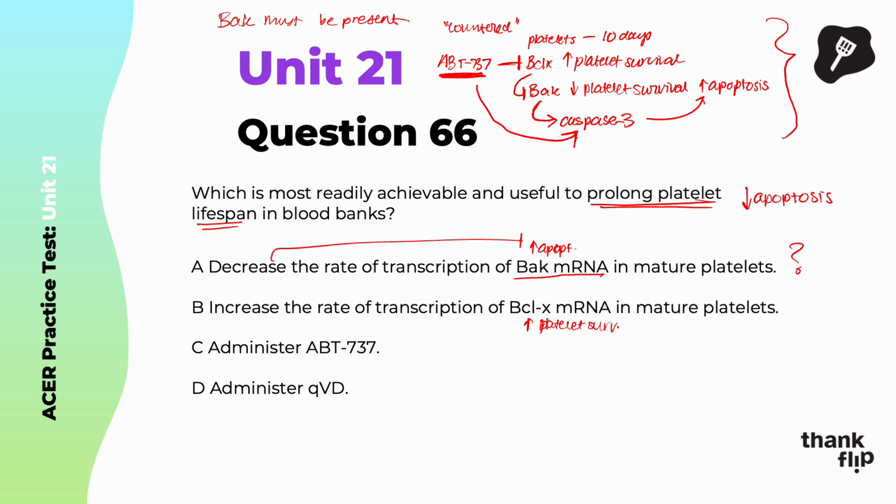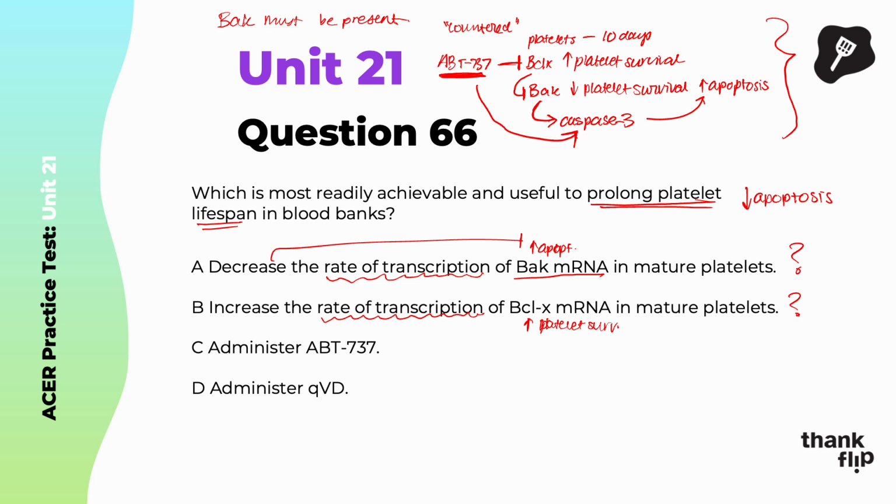And so by increasing the rate of this transcription, you're just saying that you're increasing the amount of a particular protein in a cell. Because by increasing the transcription, you're increasing the translation of the protein, and therefore you're increasing the amount that's in the cell. So sure, this could also be a potential mechanism.